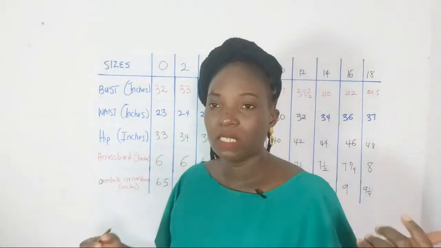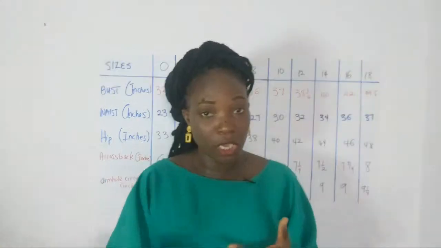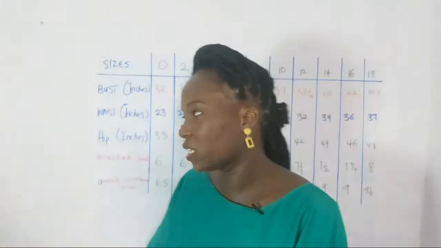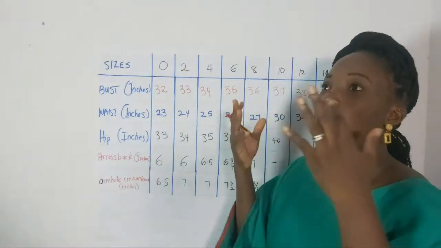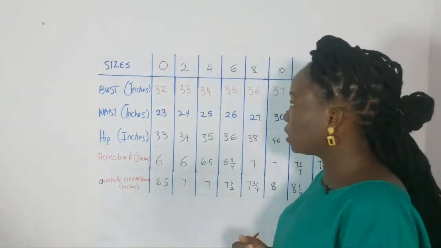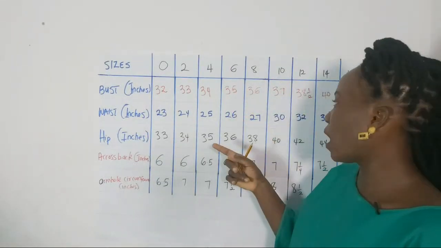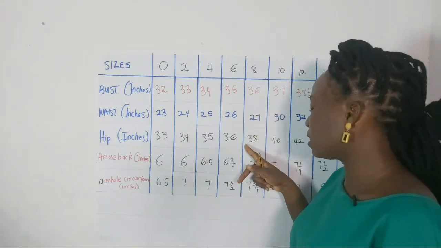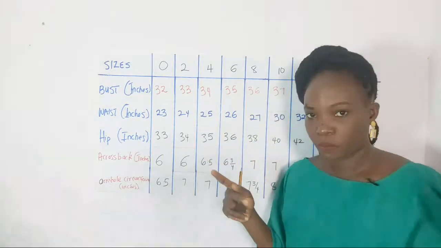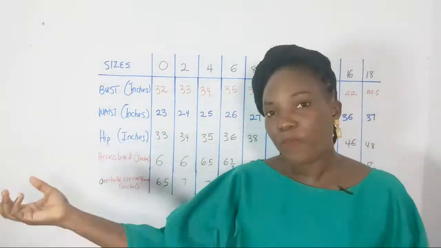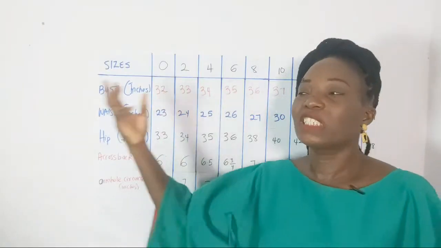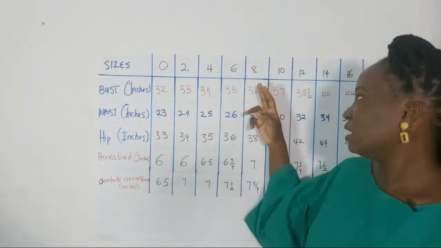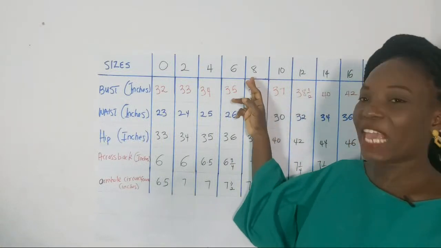Now, this is it. When you start a clothing line and you start selling to people, for instance, you say, hi guys, I'm selling tops, and my size 8 is bust 36, waist 27, and hip 38. Ten customers can come forward and say they are size 8.